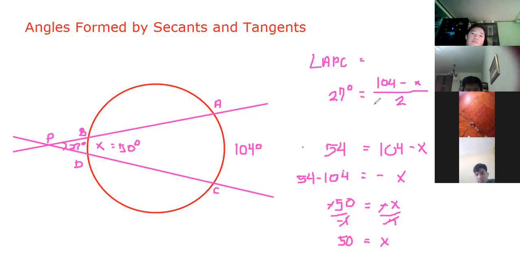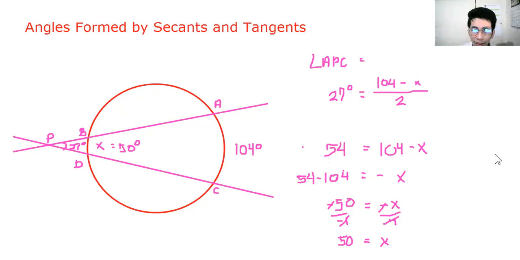Itong part na to, kaya tayo nag-cross multiplication kasi pwede nyo itong lagyan ng over 1. So, kapag nilagyan itong over 1, 27 times 2, then 104 minus x, ita-times sa 1. Any number multiplied by 1 is the number itself. Kaya minumultiply na lang natin si 2 dito kay 27.